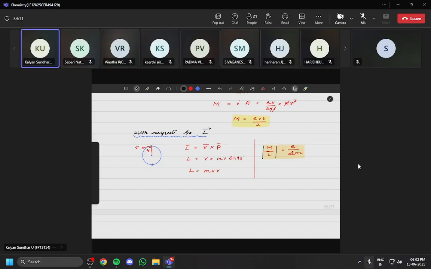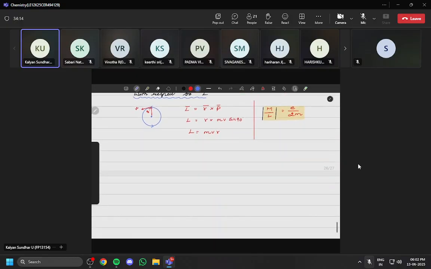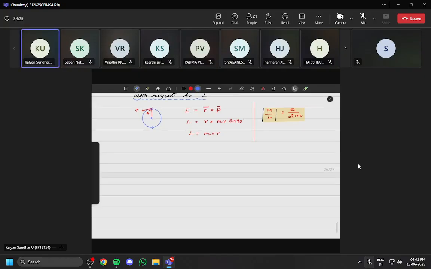Right. Next, the same thing which we will be using in terms of the Bohr model. Have you been introduced to the Bohr model in chemistry? Right. There you have been talking about the angular momentum. Your orbital angular momentum will be an integral multiple of h by 2 pi. Correct?